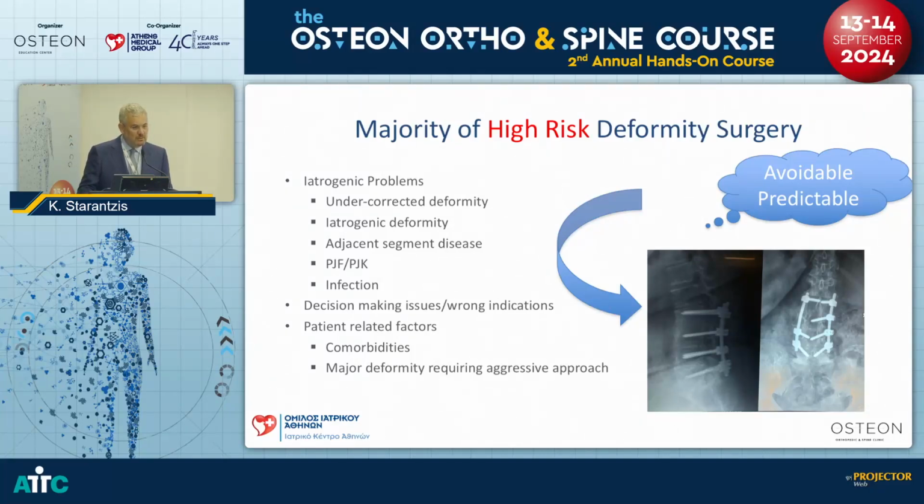There are also problems that arise from decision-making issues, wrong indications. I show you examples where patients are in trouble because of a wrong decision in the index surgery. And of course, yes, there are patient-related factors, such as comorbidities in a patient with a deformity, or a major, aggressive deformity that requires an aggressive approach.